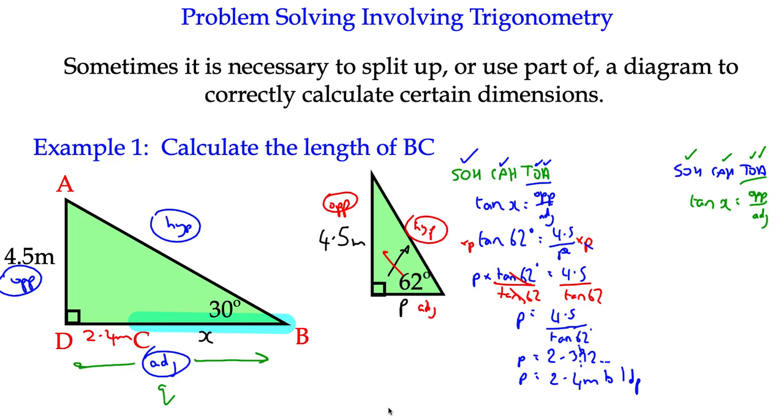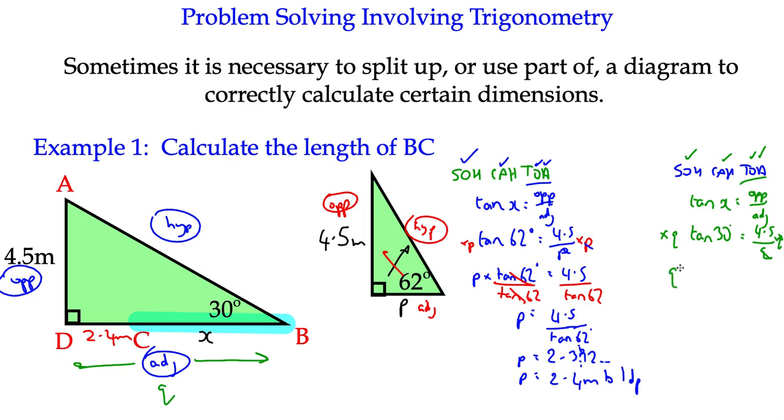At the moment we don't quite know what x is. We know that x and 2.4 meters make something, but we'll call it Q. So I'm going to say that the tan of 30 degrees is equal to 4.5 divided by Q. We're going to do this just like we did with the last one. We're going to multiply through by Q, so they cancel out.